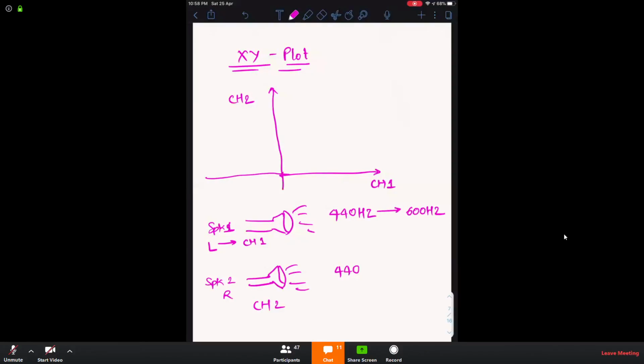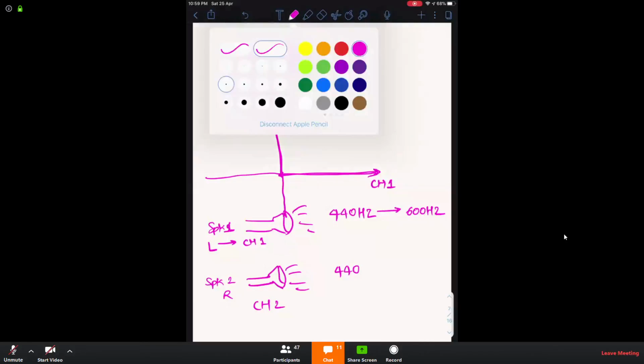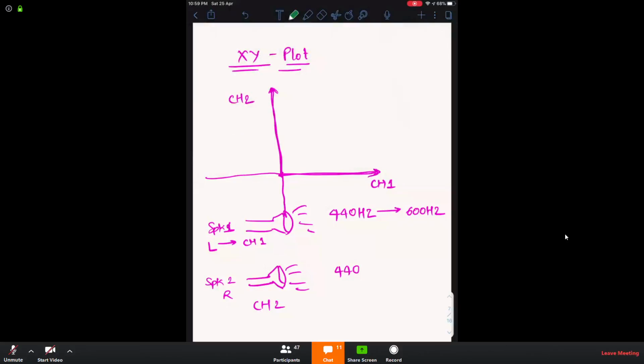So channel 1 and channel 2 have different voltages, and we are making a plot between the voltages for a particular instant of time.